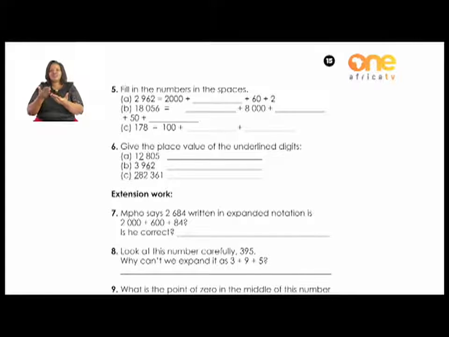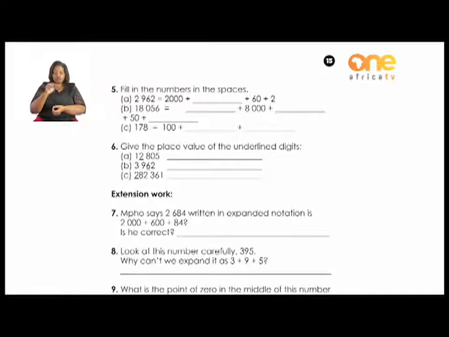Number 6 is for you to give the place value of the underlined digit, the digit which is underlined. A to C, you can see in A, 2 is underlined. B, we have 6, and C, we have 2.